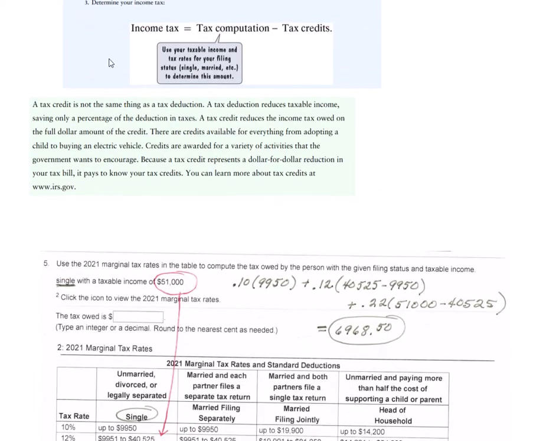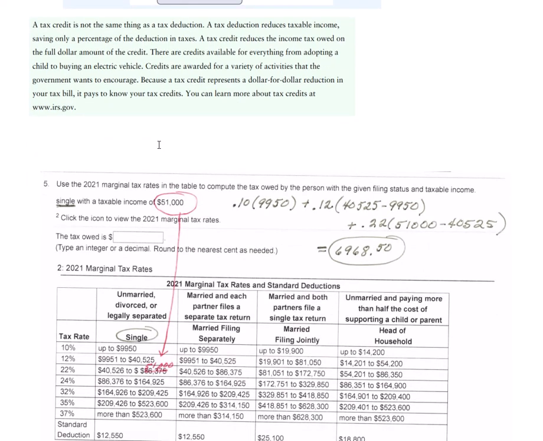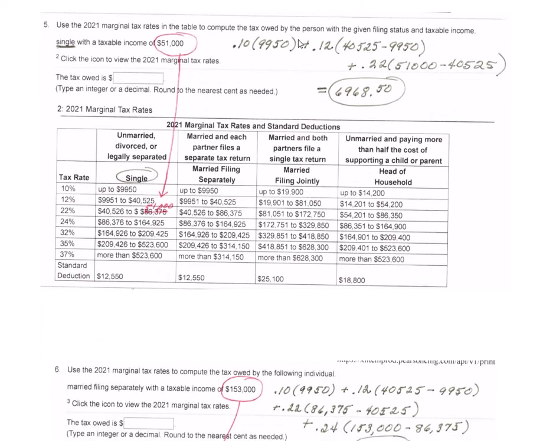Deductions, adjustments, everything comes off before you use the table. Credits come after. These usually take the form of things like adopting a child, buying an electric vehicle. I don't know now if it used to be that daycare was in this. I don't know if it is now. Okay.